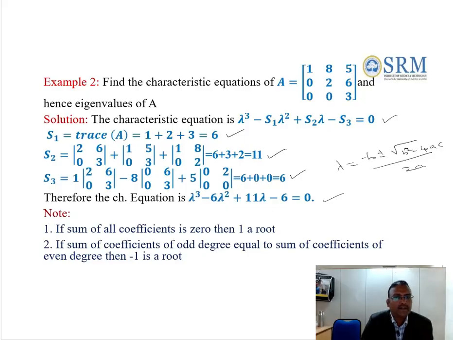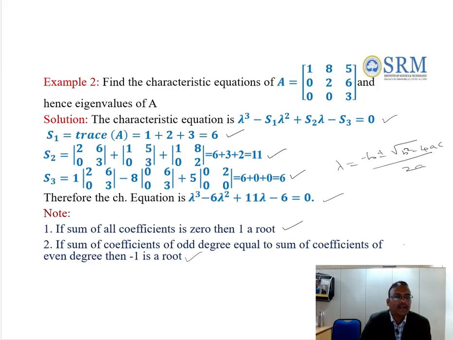The theory of numbers says, if the sum of all the coefficients of the polynomial is equal to 0, then 1 is a root. And the second note is, if the sum of the coefficients of odd degree is equal to the sum of the coefficients of even degree, then minus 1 is a root.